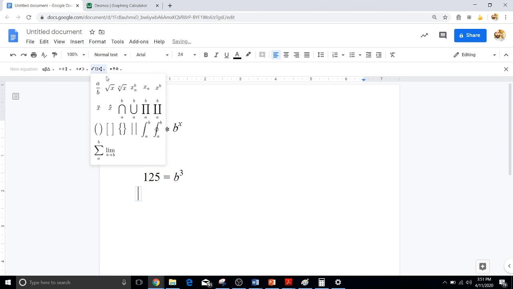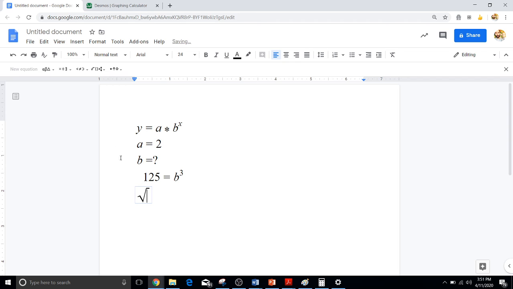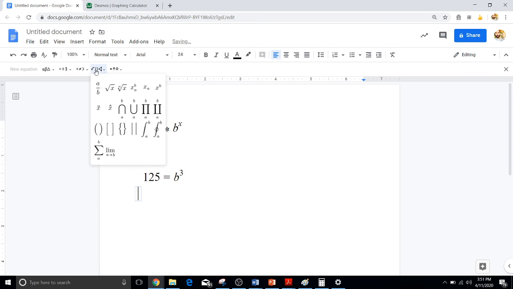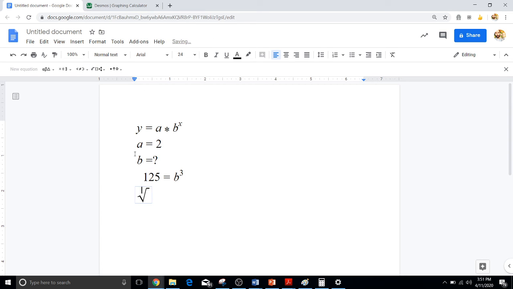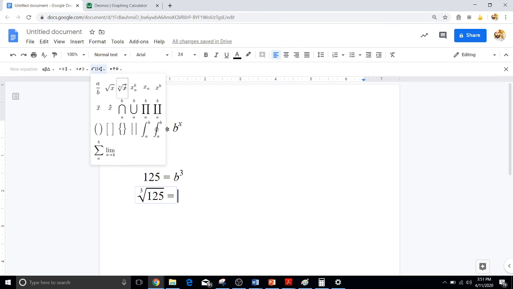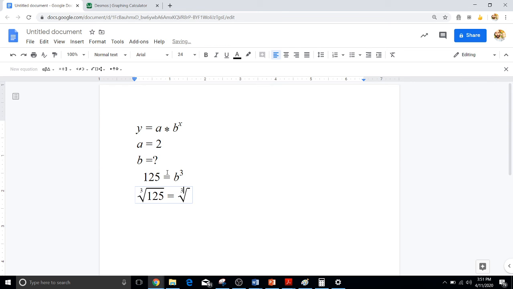So I'm going to go ahead and do some fancy equation stuff here. We're going to say the cube root of 125 is equal to the cube root of b cubed.